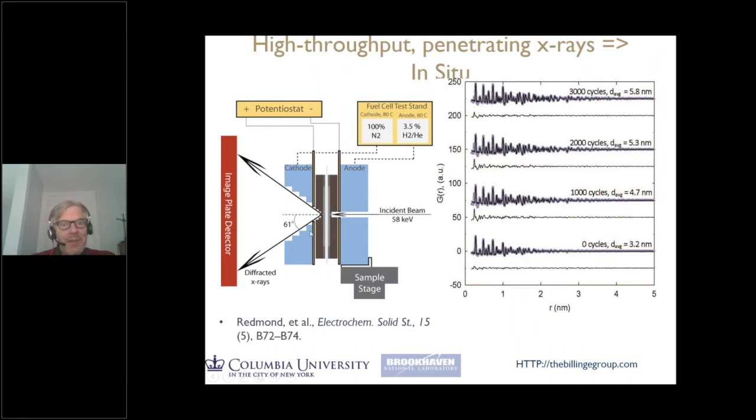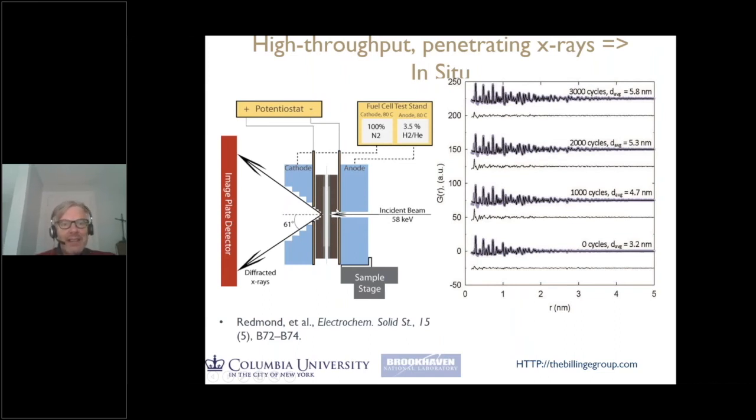So this is an example of an X-ray experiment where we have a PEM fuel cell, proton exchange membrane, I forgot what PEM stands for, but anyway, it's a standard fuel cell that you can run with methane or with oxygen and hydrogen, and it will produce power. And we were looking at platinum nanoparticles, which are the catalysts in the supported electrode.